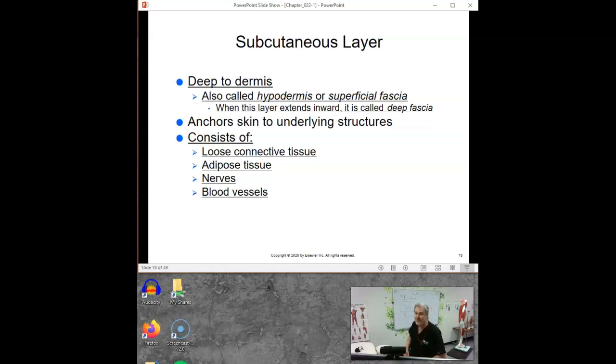It's also called the subcutaneous layer. I think it's O-U-S. Subcutaneous layer, but that's not what I like to call it. It's the superficial fascia layer. All three of those are legitimate.